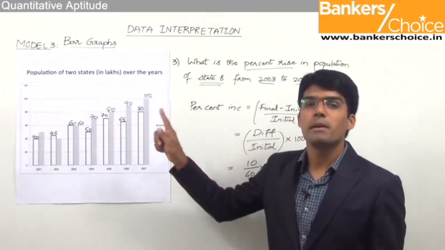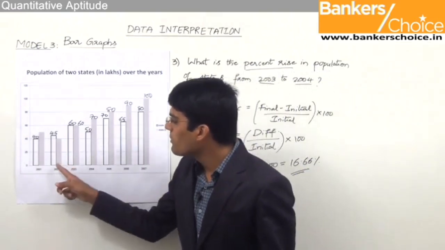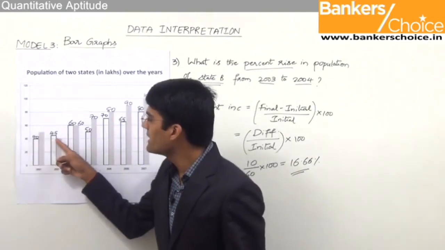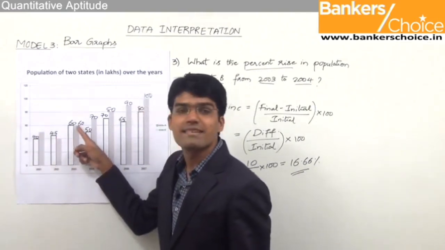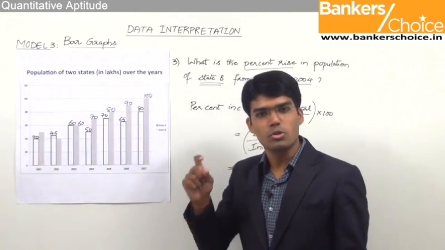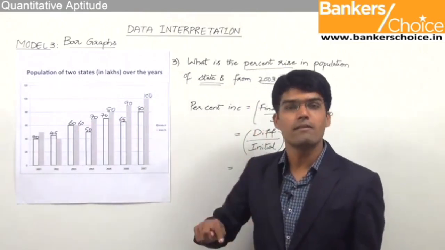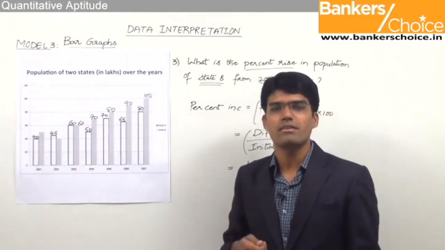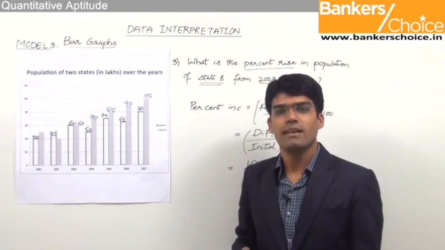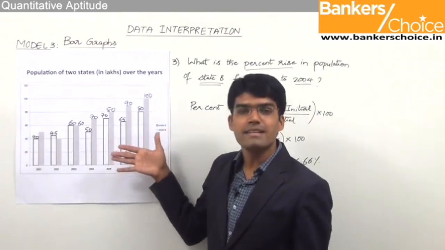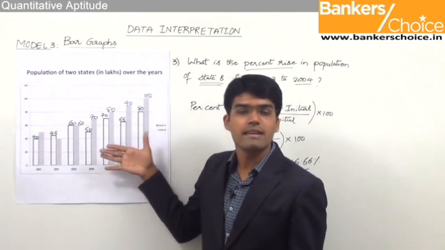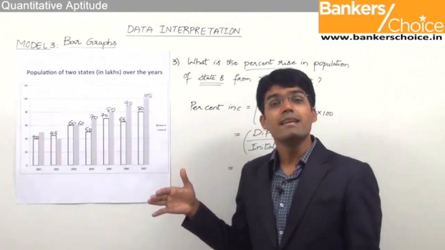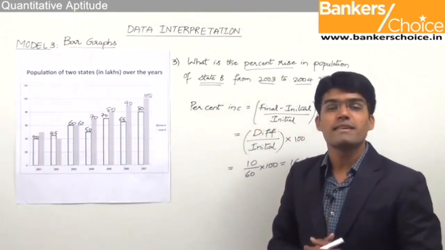Let us confirm this by checking with the values. If you observe, population of state B in 2002 is 40. In 2003, it is 60. 40 is becoming 60. So 20 lakhs is the increase on initial value, that is 40 lakhs. So 20 by 40 is half. Half is 50%. So this way, whenever we have the data in terms of bar graph, when the data is represented in terms of bar charts, it is easy for us to do the estimations visually.